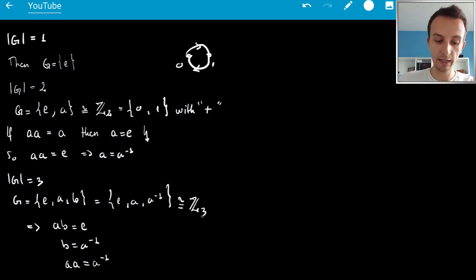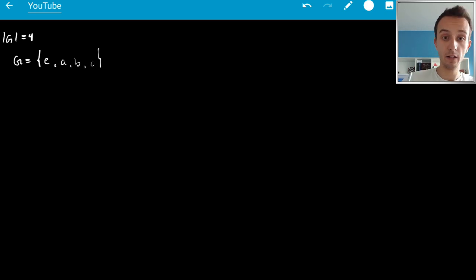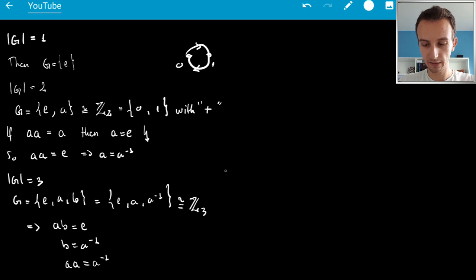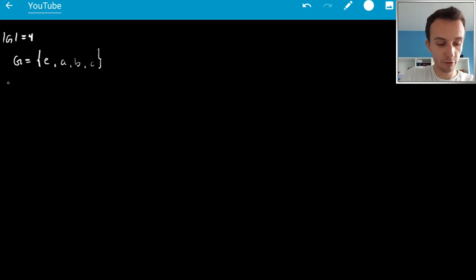Okay, and the last example that I want to do, well, not example, we're going up. Where it gets interesting, I suppose, is order 4, because here you do have a choice. When G is 4, G is E, A, B, C. As you can see, we keep getting the cyclic groups, so I could suppose that G could be Z4, in which case you would have E, A, A squared, A cubed.